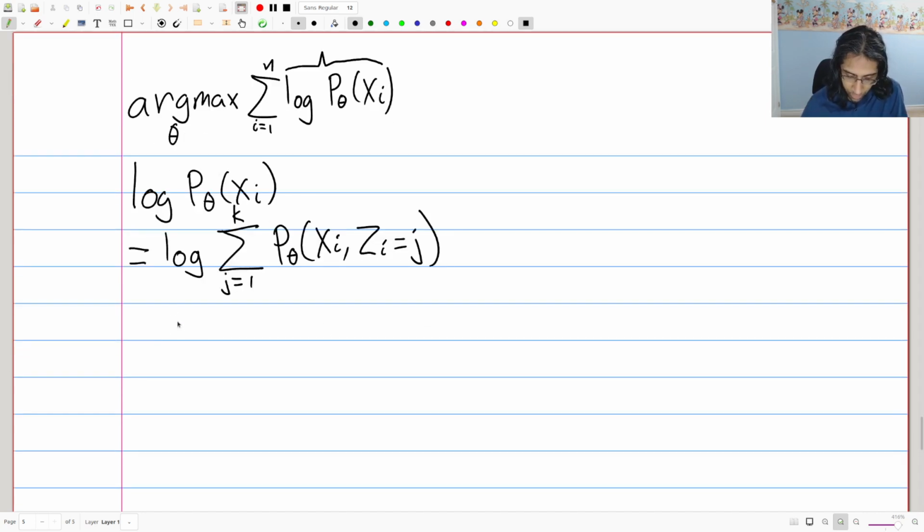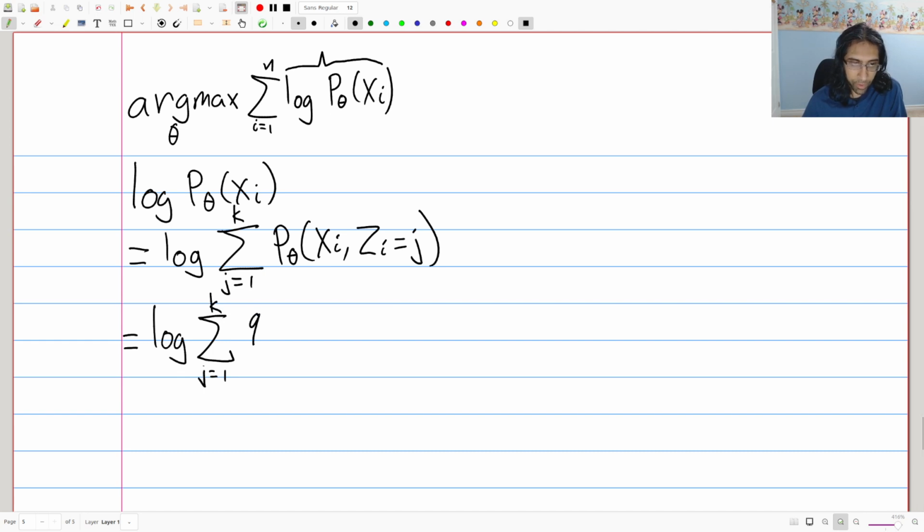Okay, so where do we go from here? It might seem a little unmotivated for now, but let me throw in this mysterious probability distribution, which we're going to explain the role of.